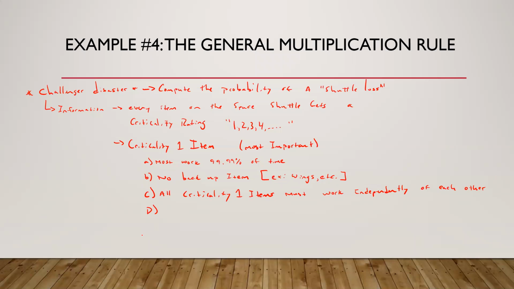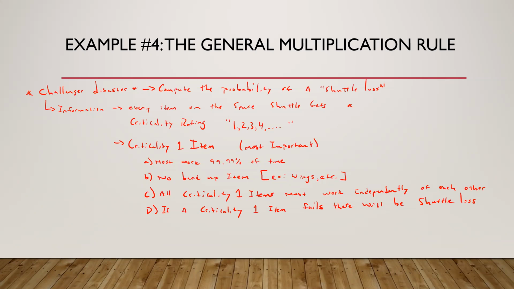Indeed, the most important thing about criticality 1 items is if a criticality 1 item fails, there will be shuttle loss.